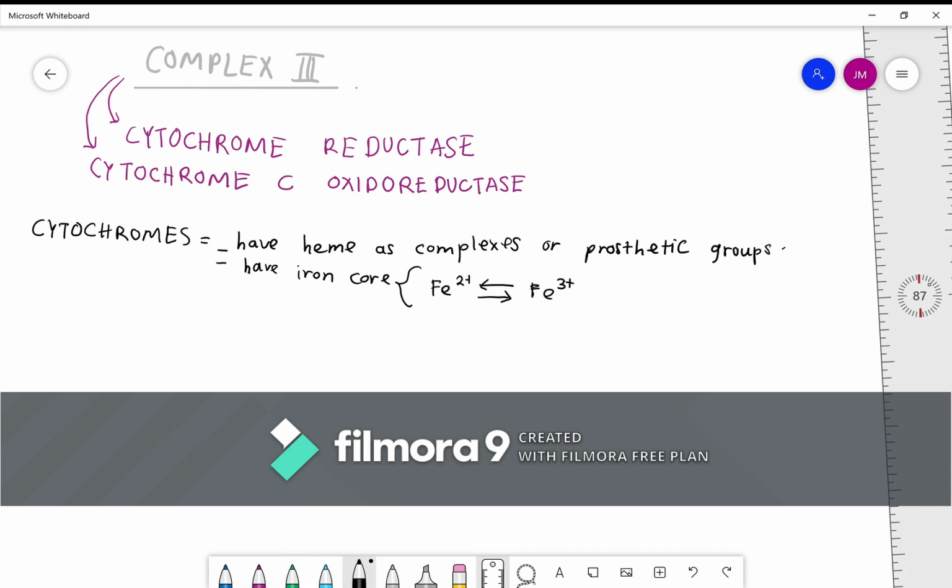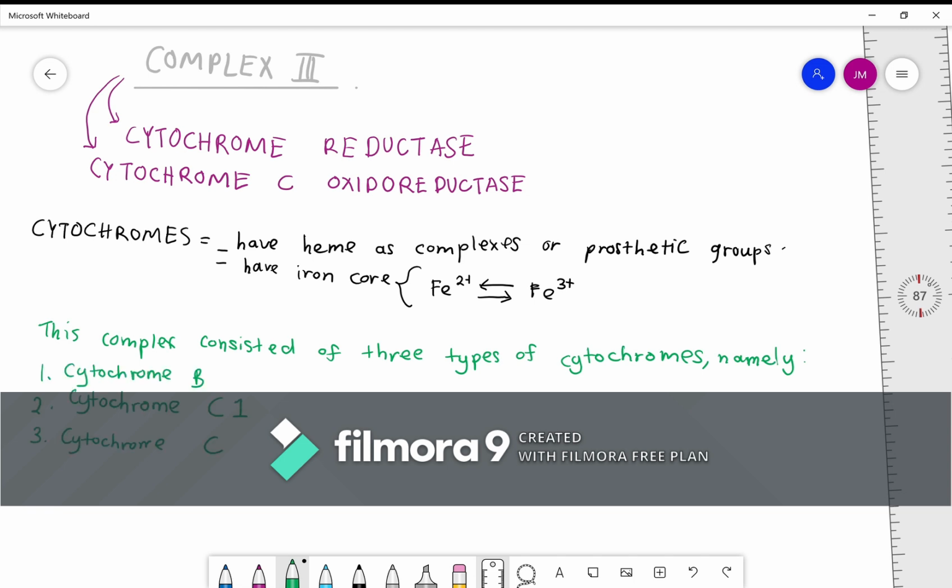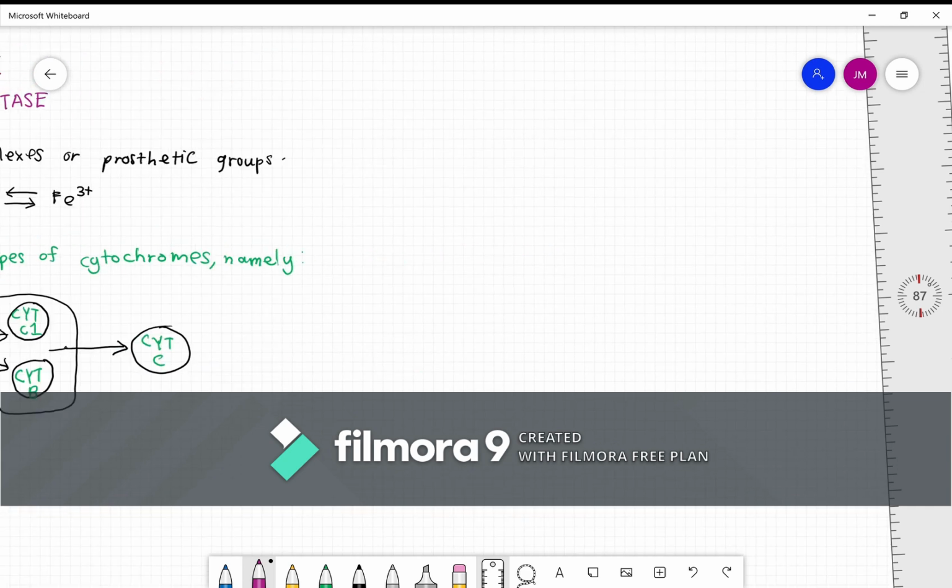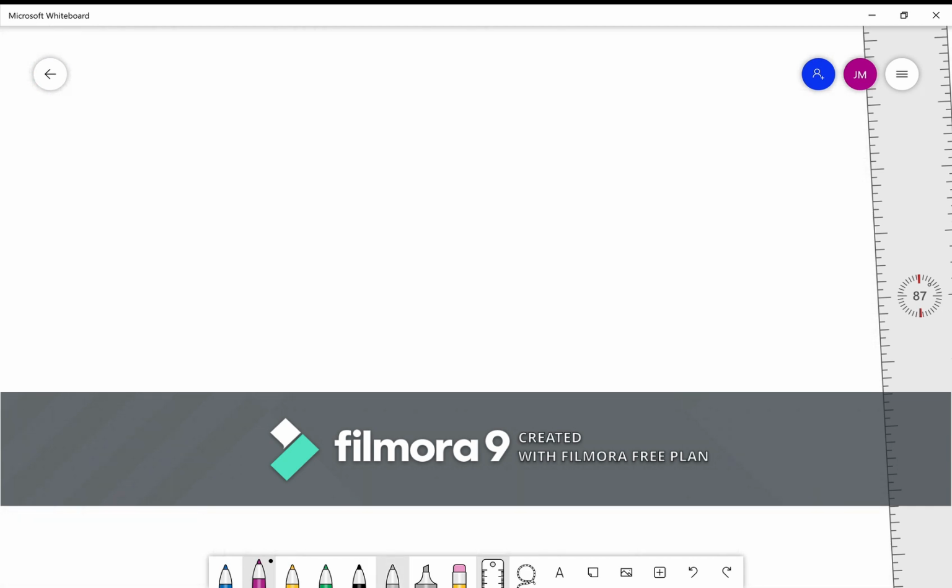Complex 3 contains three types of cytochrome, namely cytochrome B, cytochrome C1, and cytochrome C. The main job of this complex is to accept electrons from the ETC and then transport them to cytochrome C. Cytochrome C then transports these electrons to complex 4 of the ETC.